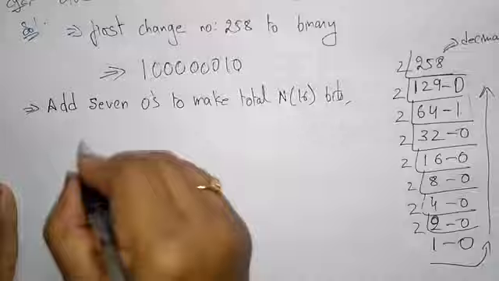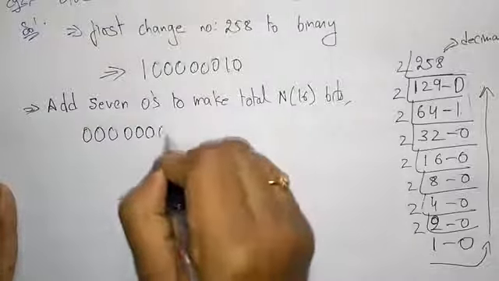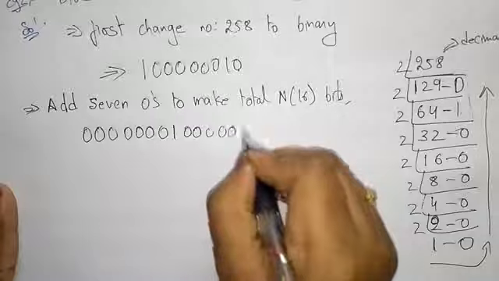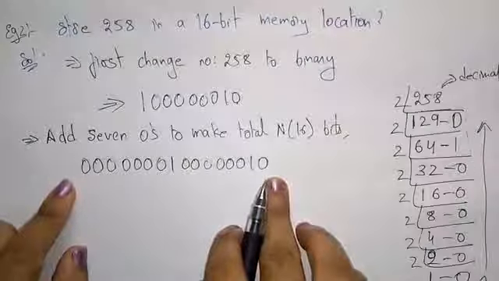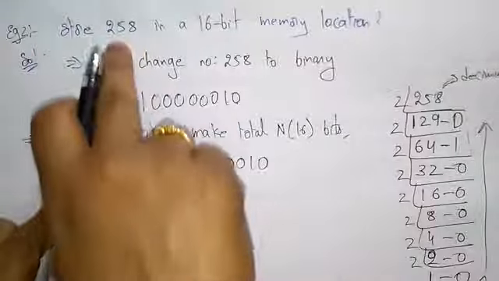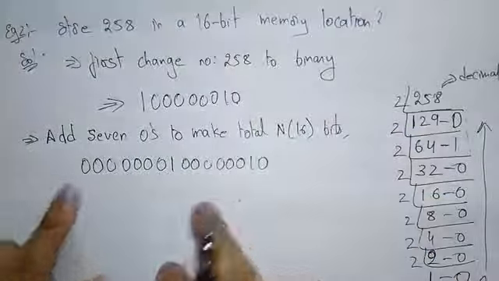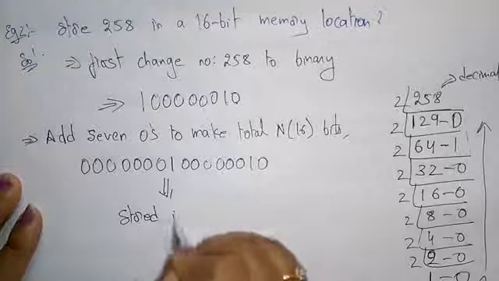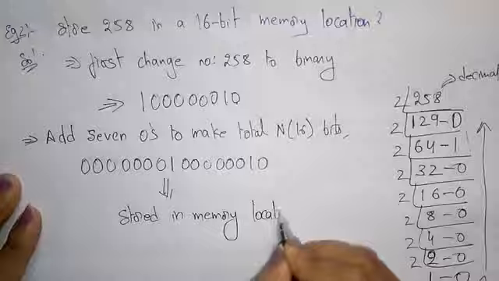So add 7 zeros, 1, 2, 3, 4, 5, 6, 7, and then 1 0 0 0 0 0 0 1 0. So this is the binary number of 258. That 258 will be stored in a 16-bit memory location, so this result will be stored in a memory location whose size is 16-bit.